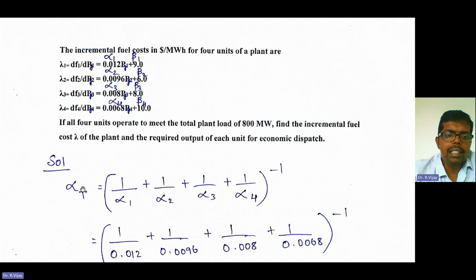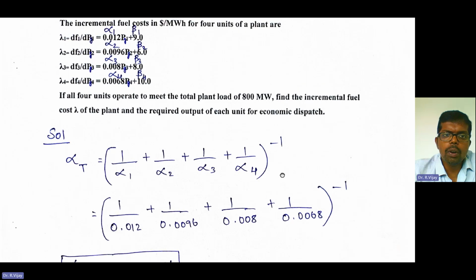How to calculate this alpha t? Alpha t is equal to 1 divided by alpha 1 plus 1 divided by alpha 2 plus 1 divided by alpha 3 plus 1 divided by alpha 4, the whole inverse. So what is alpha 1?